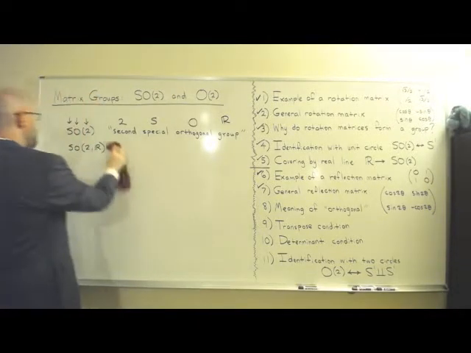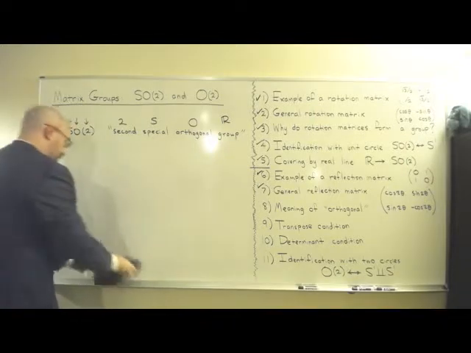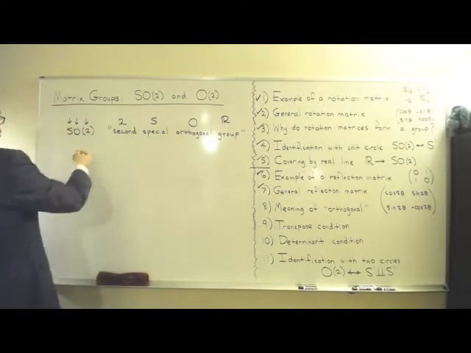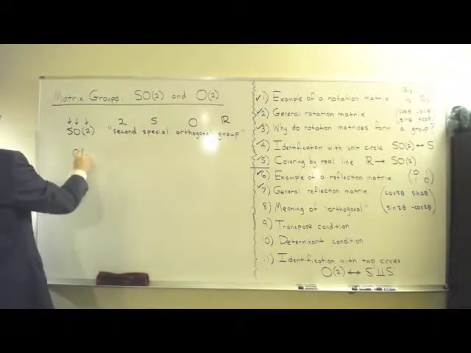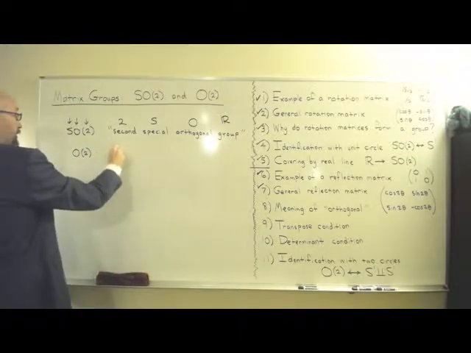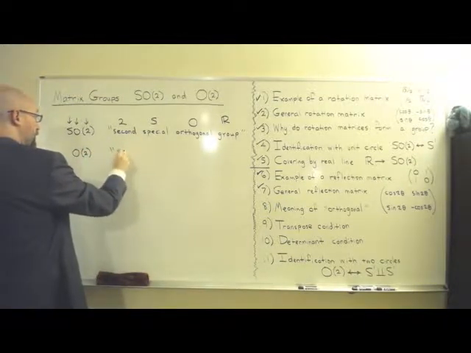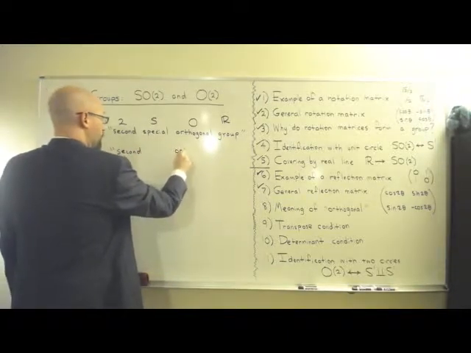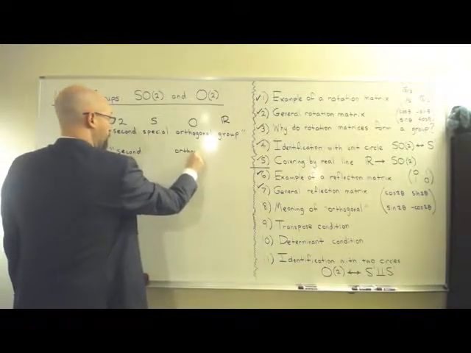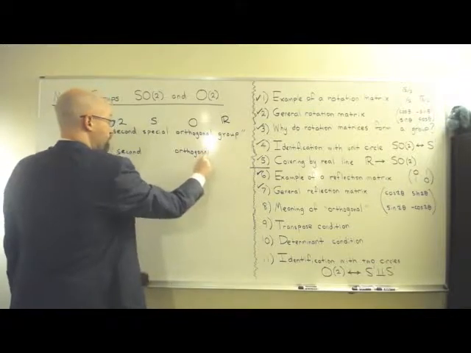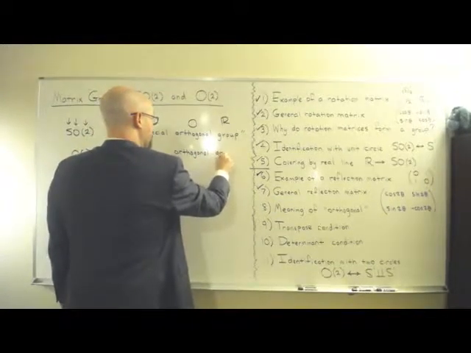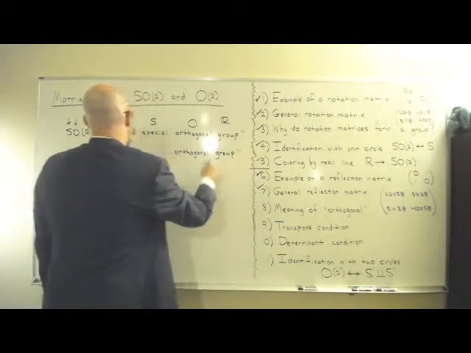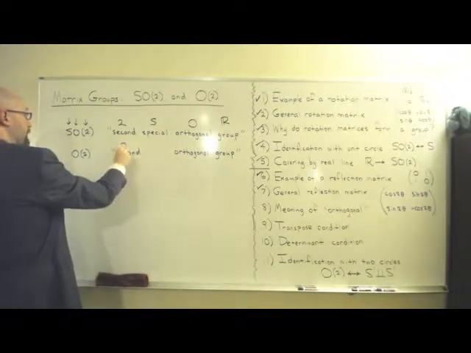So we've seen this, and similarly with the orthogonal group O2, this just takes out the special. So this is just the second orthogonal group. And this is self-evident that that means 2.